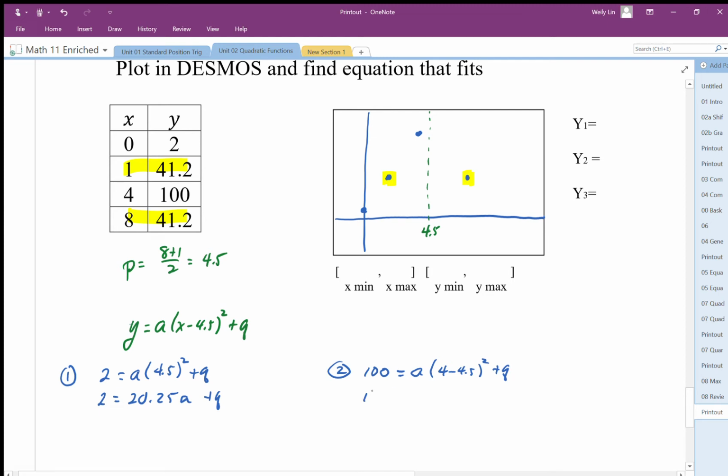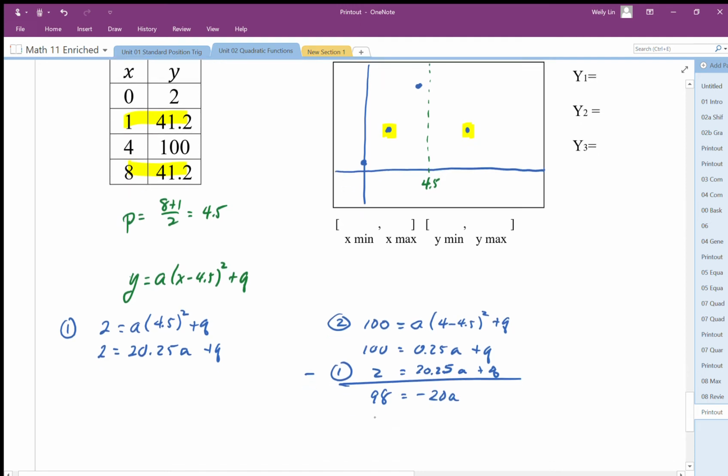Equation 2 works out to be negative 0.5 squared, or 0.25a plus q. So we'll subtract equation 1 from equation 2. The q values will then cancel out, and we're going to end up with 98 is equal to negative 20a.